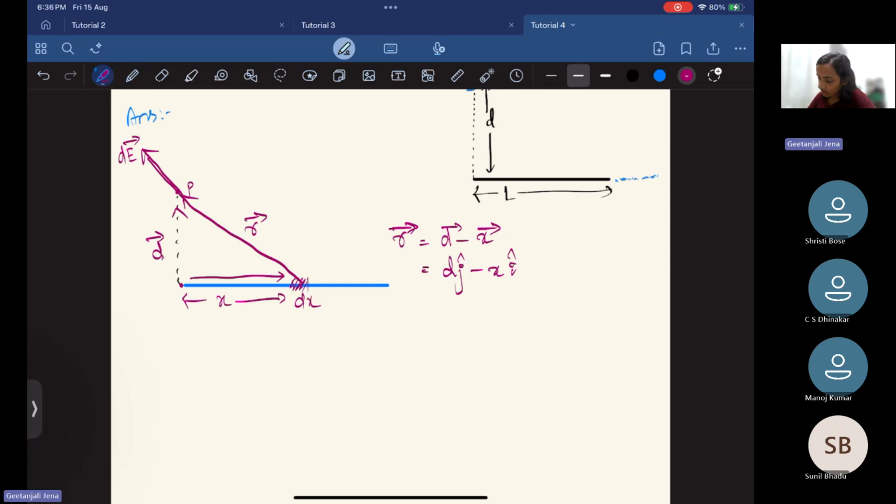So what will be the dE here? The electric field will be k dq by r cube times the r vector, where k is nothing but 1 by 4 pi epsilon naught.